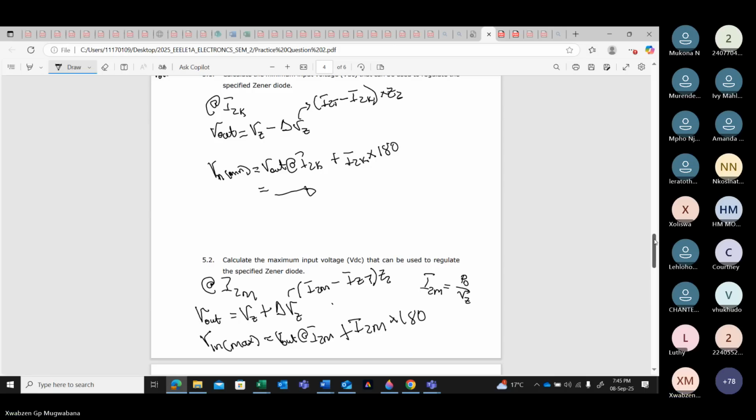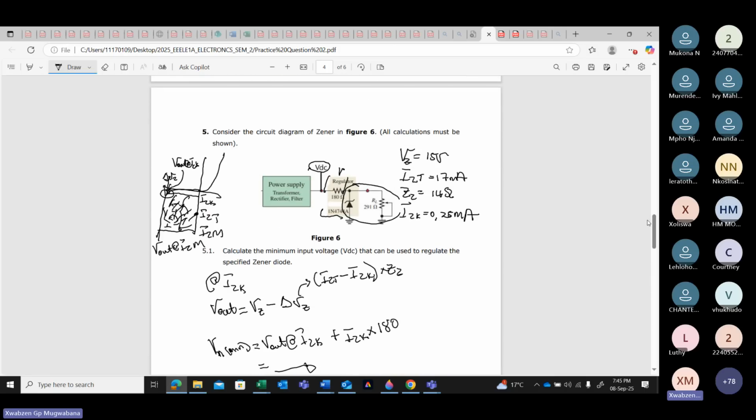Remember, did you understand this graph? What did I say is happening here? This is the minimum when it starts. This is the maximum when it stops. This minimum and maximum must have a point of reference.